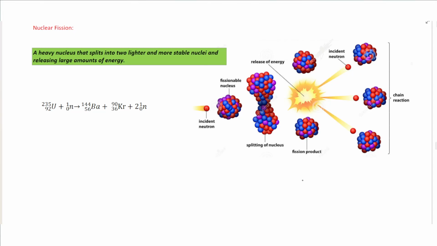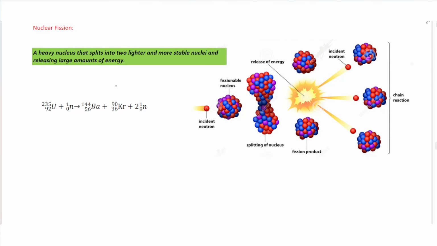For example, in this diagram, one fission reaction released 3 neutrons, so one reaction will cause 3 reactions, and each of these will cause 3, so you will get 9 and then 27 and so on. This is called a chain reaction. So the splitting of a nucleus to create lighter nuclei and release energy is called fission.